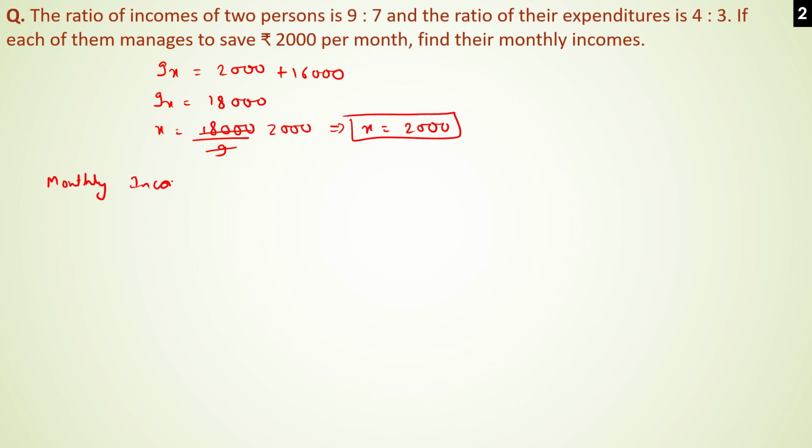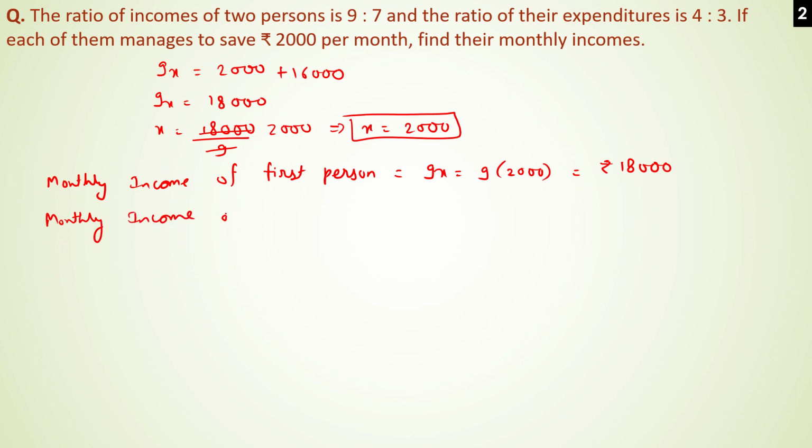Monthly income of the first person equals 9x, that means 9 into 2000, that is rupees 18,000, and monthly income of the second person equals 7x, that means 7 into 2000, we get 14,000. That is the required answer.